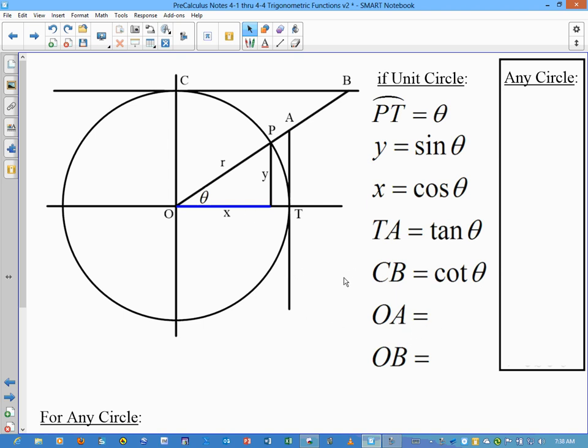And then also we talked about a line that goes into the interior of a circle is a secant line. So we can think of this line here, line OB, as the secant line.